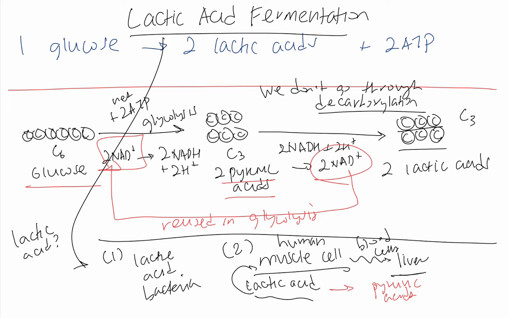Then it can be used in cellular respiration, or it may be just converted back into glucose. So that was lactic acid fermentation in a nutshell, and I'll see you guys in the next video.